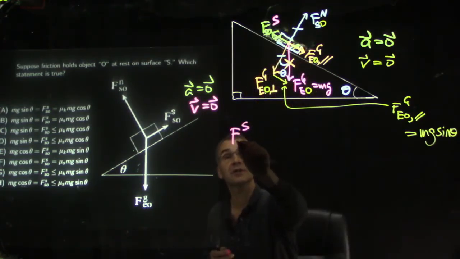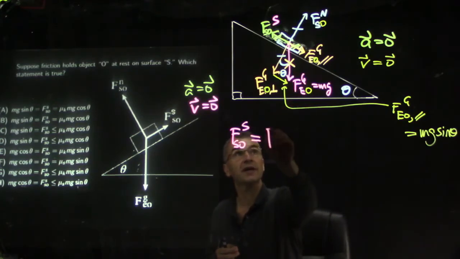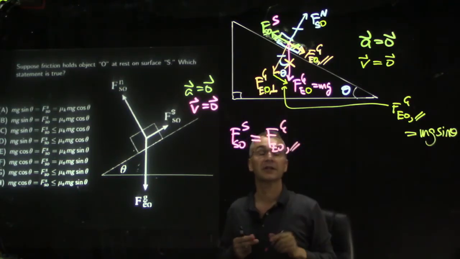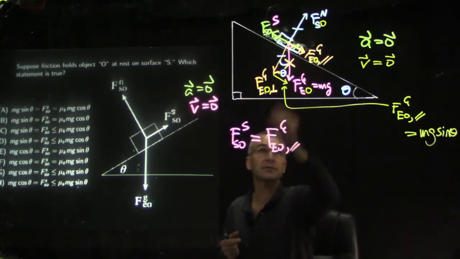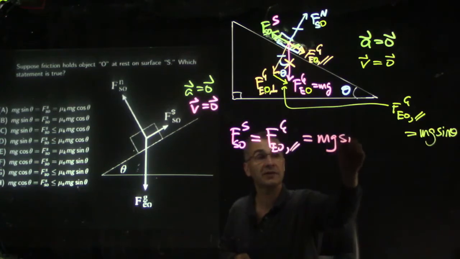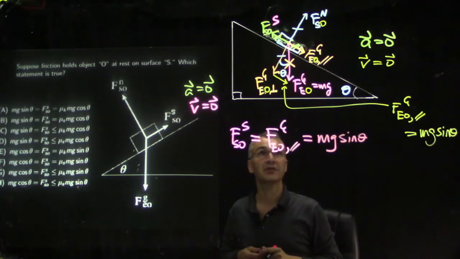Static friction by the surface on the object must be the same magnitude as the gravitational force Earth on the object, the downhill or parallel component. And that's just because you would subtract them to get the mass times the downhill acceleration, but the acceleration is 0, equals mg sine theta. So the downhill component of the gravity force is mg sine theta.